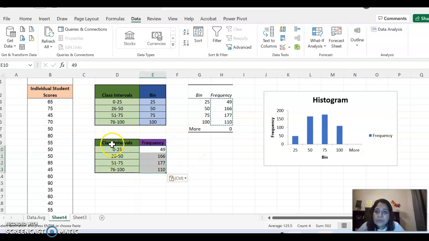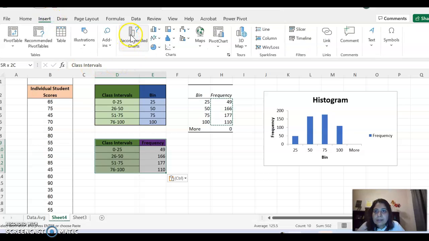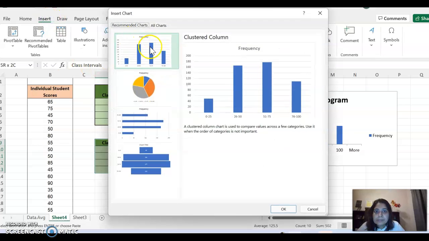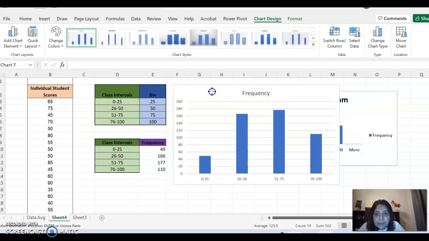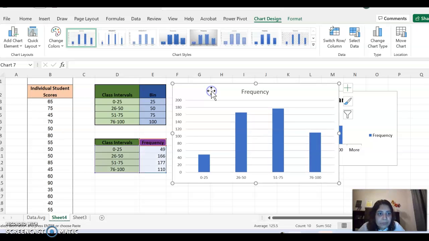So I'm going to plot another graph. And I will superimpose this here because that's the graph I want everyone to see.